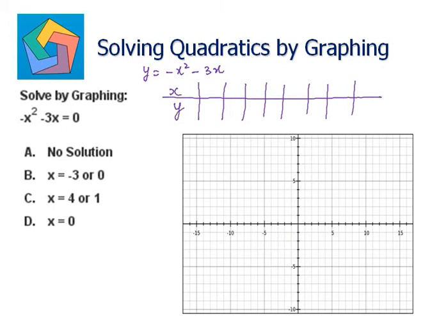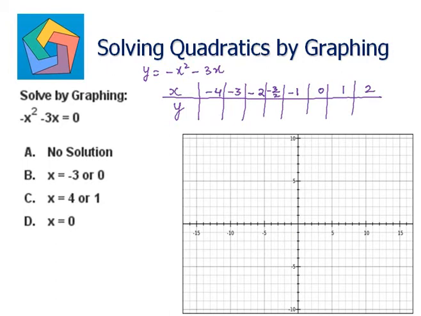I'll assume my x values as -4, -3, -2, -3/2, -1, 0, 1, 2.